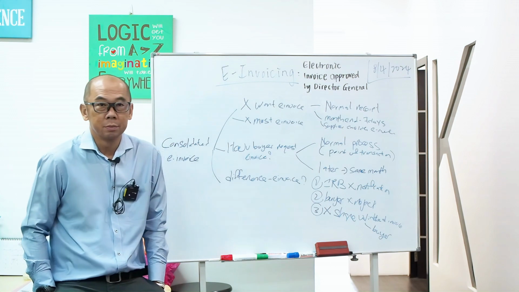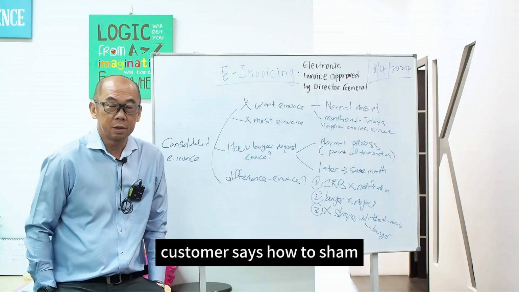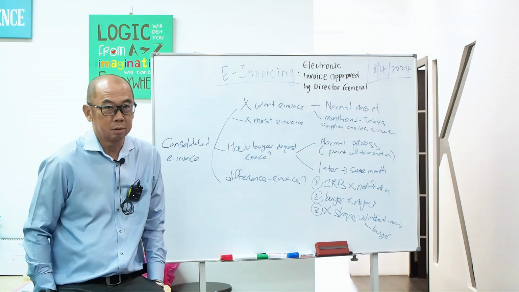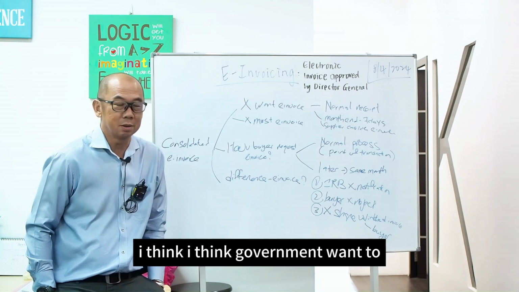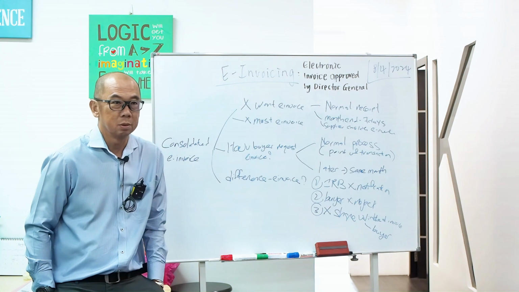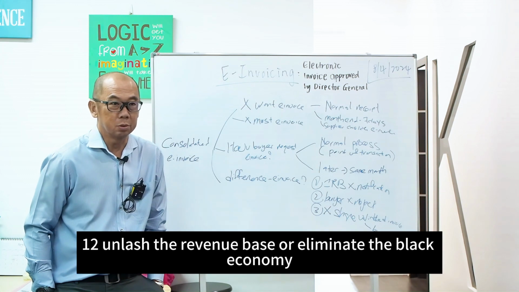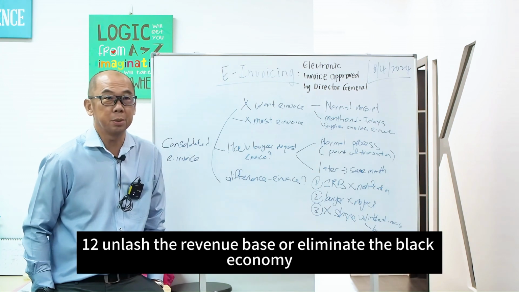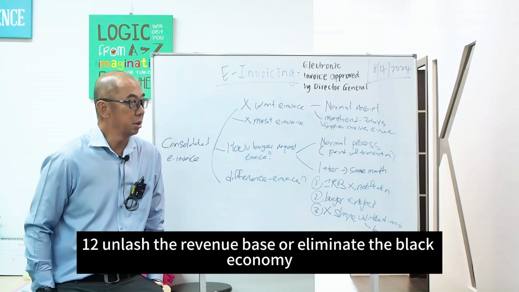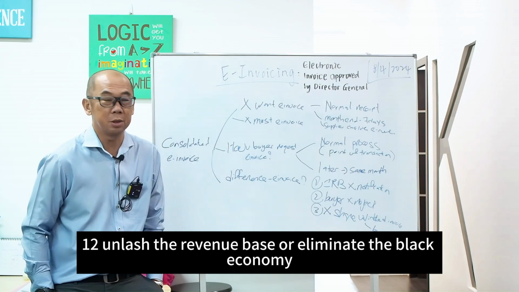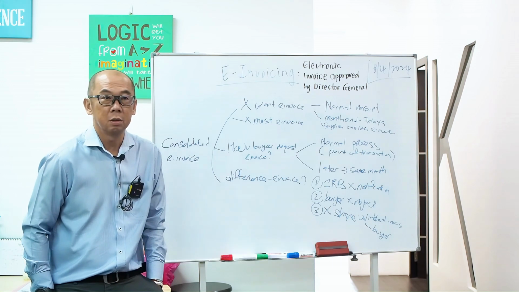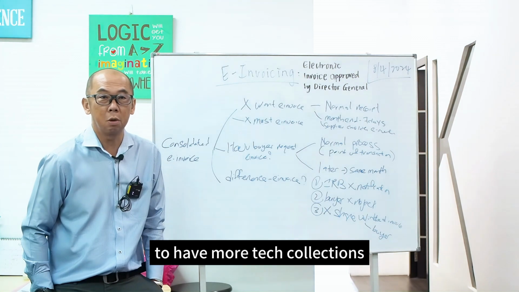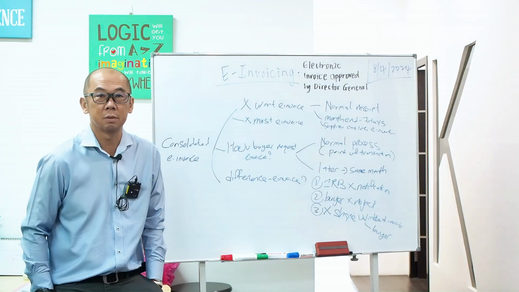Second, customers ask how to siam. I don't think it's a way to siam really. I think the government wants to enlarge the revenue base or eliminate the black economy. So this is the best way for the government to have more tax collections.